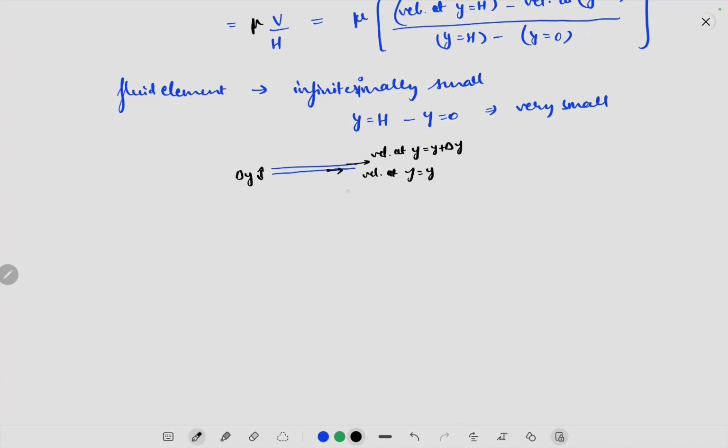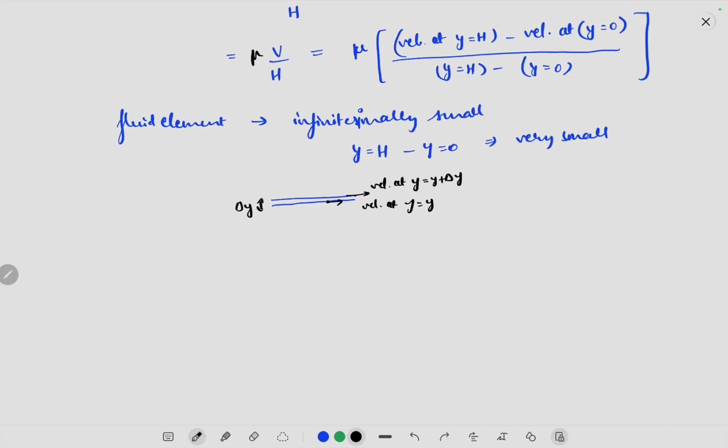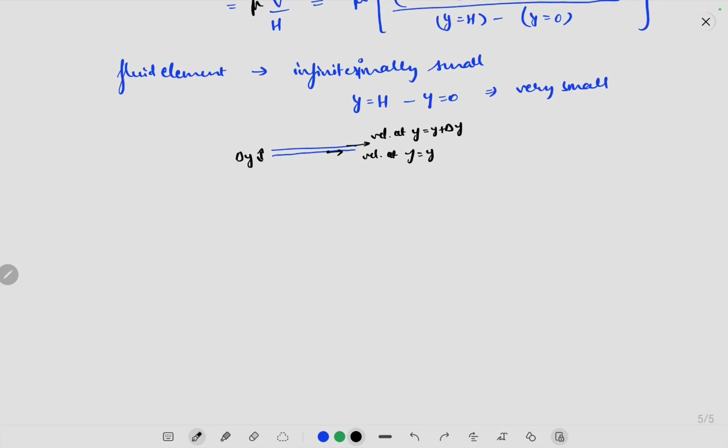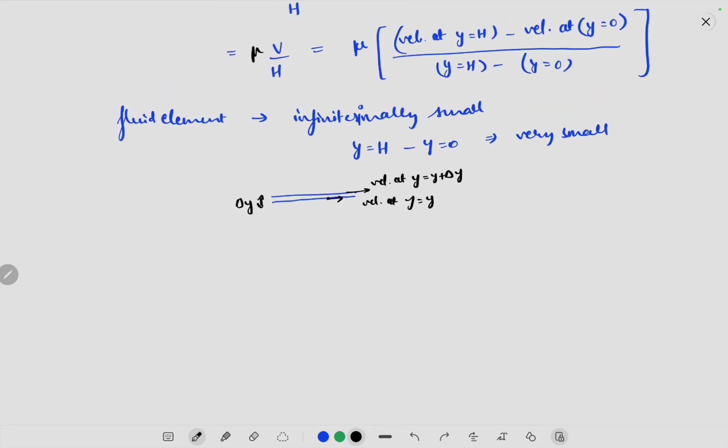And there is a very small deformation, delta alpha. So the shear stress in this fluid element can then be given by tau is equal to mu, and this expression can become a derivative, right?